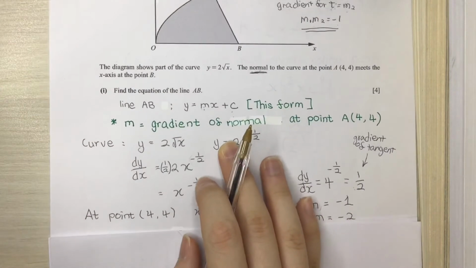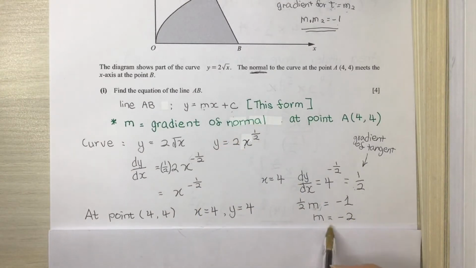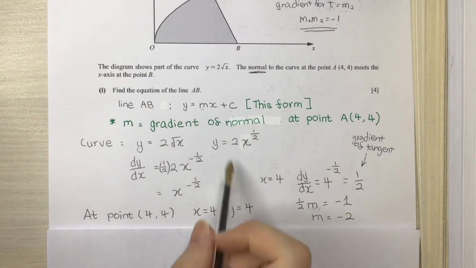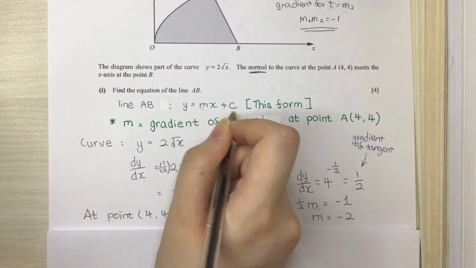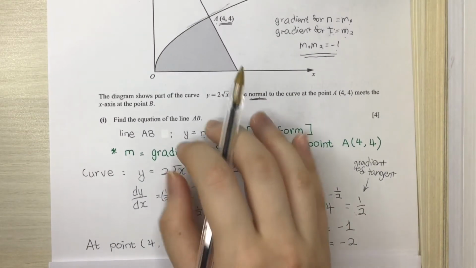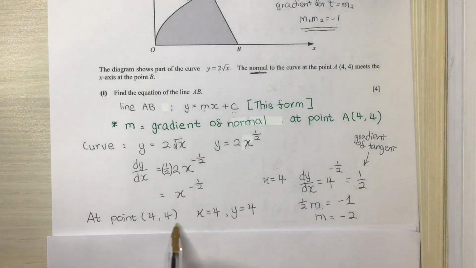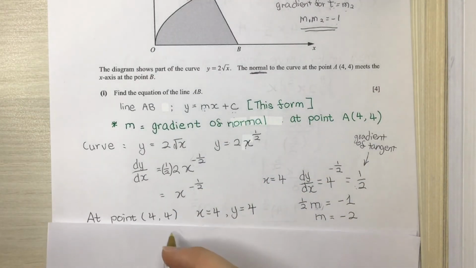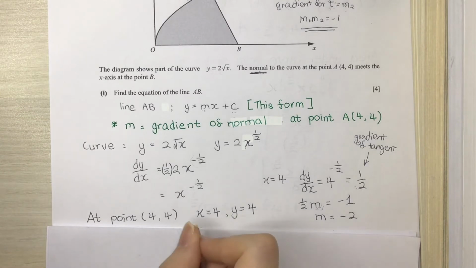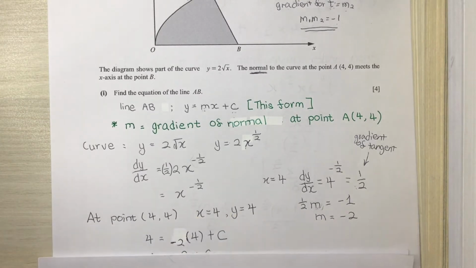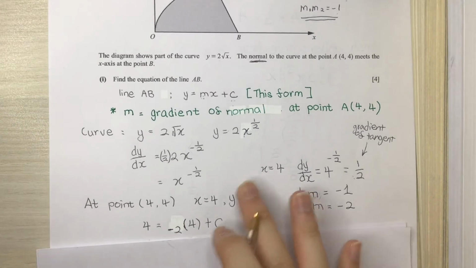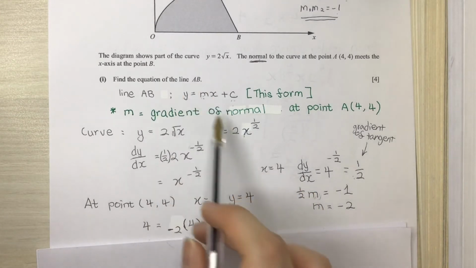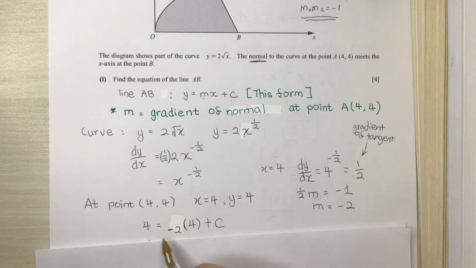After we find the gradient for the line AB, we'll be able to find its intercept c by making use of this coordinate (4, 4), because it is basically telling you that x equals 4 and y equals 4. All you have to do is sub in these numerical values into this formula. So y equals 4, x equals 4, and the gradient of the normal is -2, and all we have to do is find c.